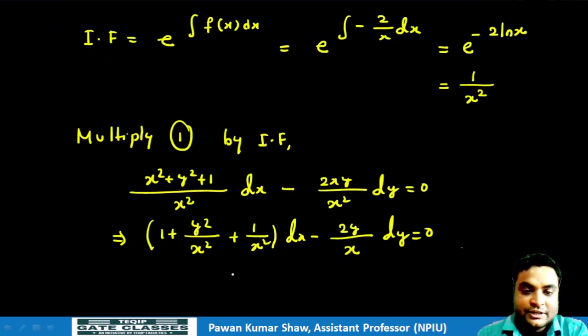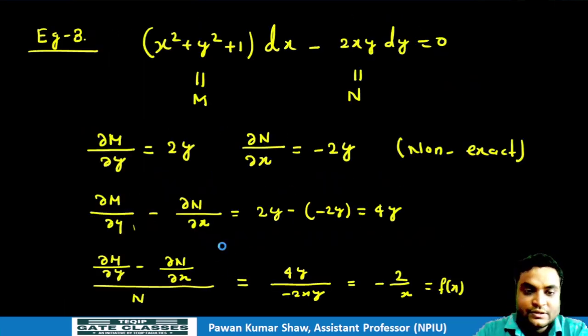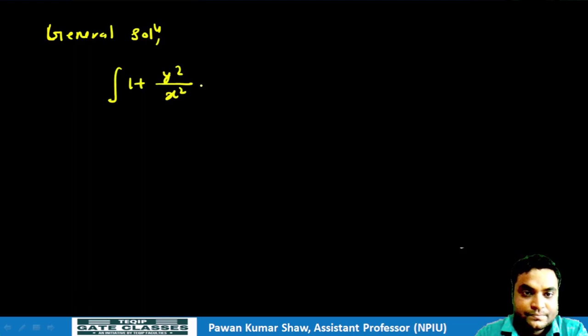So in that case we can write our general solution directly. So for the general solution, again I am taking the first one, the entire term: 1 plus y square by x square plus 1 by x square dx. And in the second term, here we assume that y is a constant.